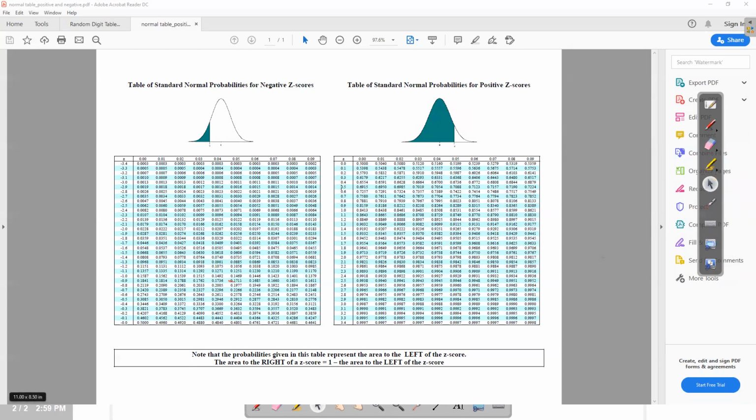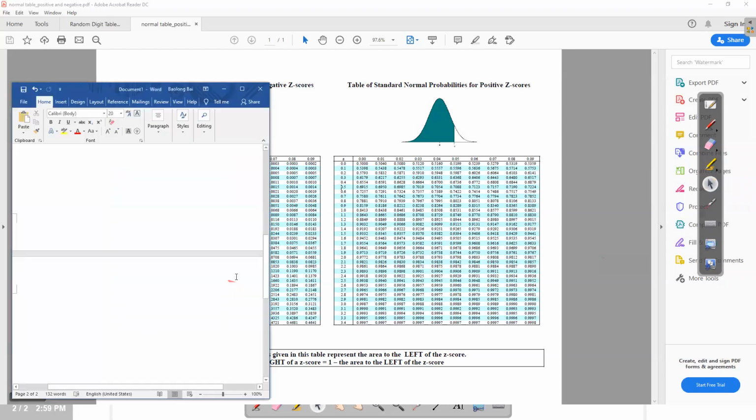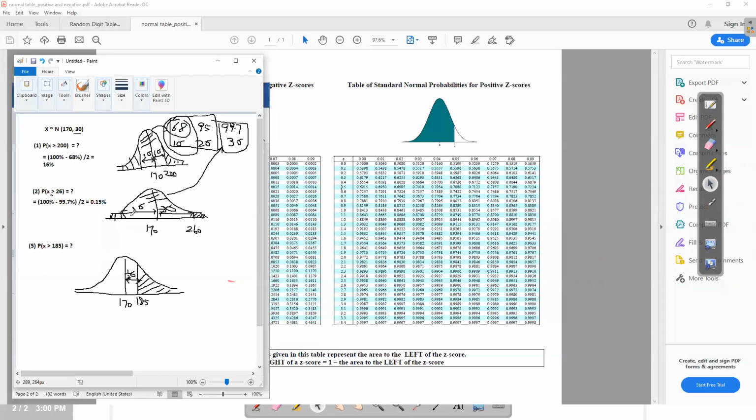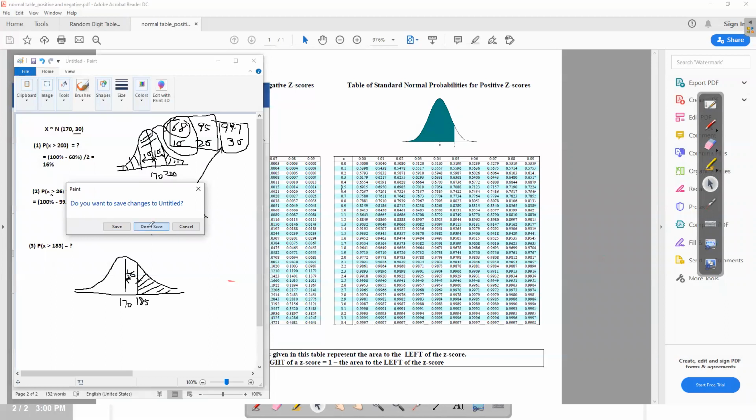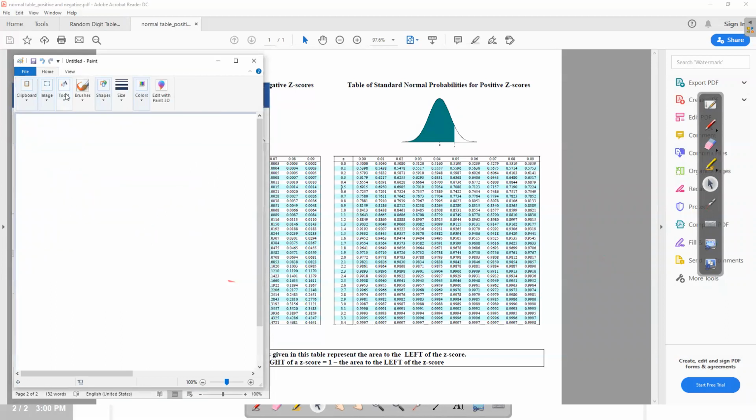So then what does it mean? We know there is a relationship between the Z-score and the probability, right? So for example, let's find a pair.